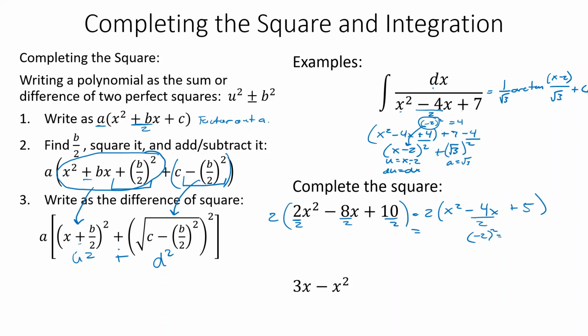We square it, which gives us 4. So this would be 2 times x squared minus 4x plus 4 plus 5 minus 4. So this would be 2 times x minus 2 quantity squared. I guess we'll leave the 2 all the way out front, plus 1, which is also a perfect square like that.